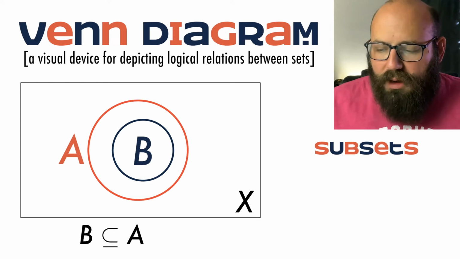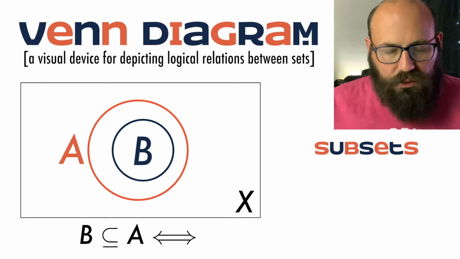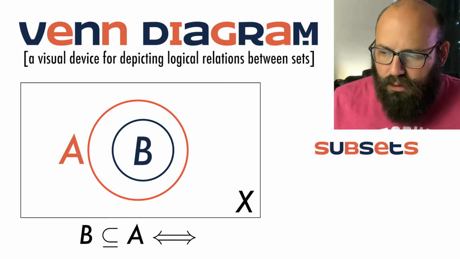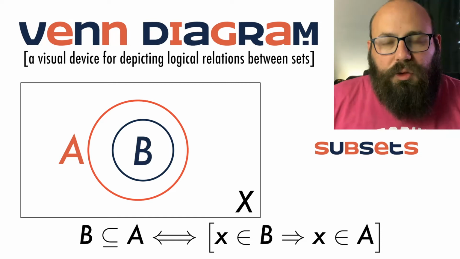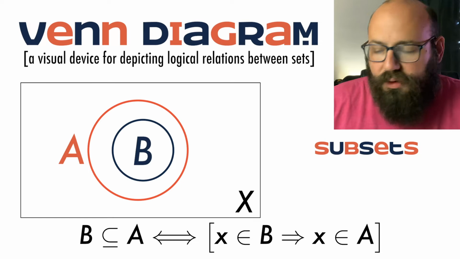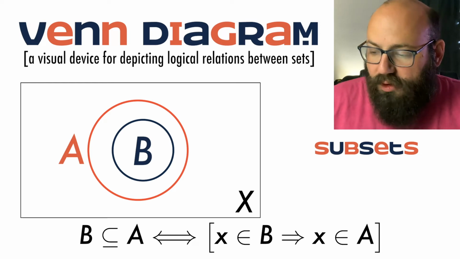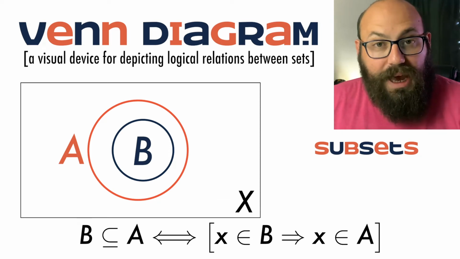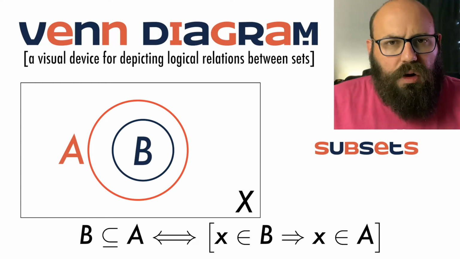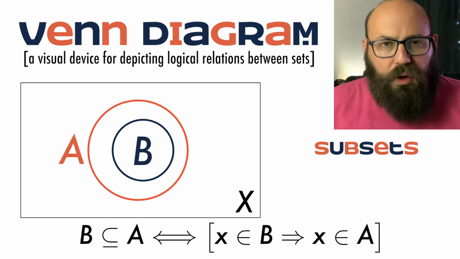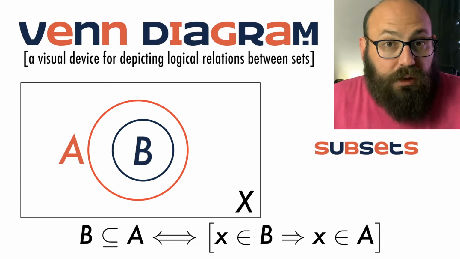So if I wanted to, I would write B is a subset or equal to A if and only if, like a definition, x lives in B implies x lives in A. So if we imagine set B being the set of all things such that property B is true, and set A being the set of all things such that property A is true, then we're saying that property B is a sufficient condition for property A, and property A is a necessary condition for property B. For example, suppose that X was the set of all countries, A was the set of all democracies, and B was the set of all presidential democracies.